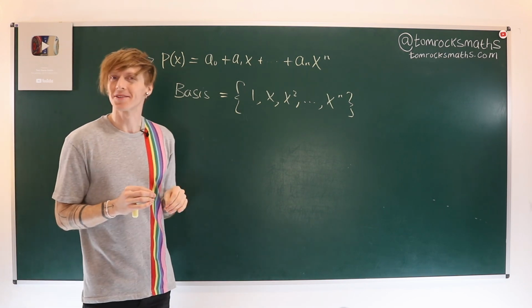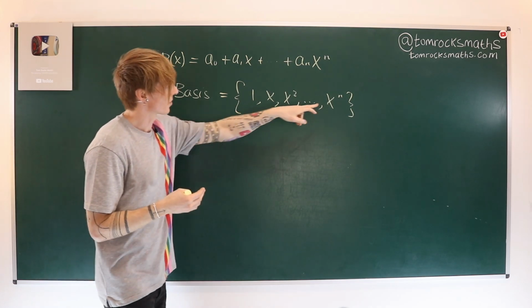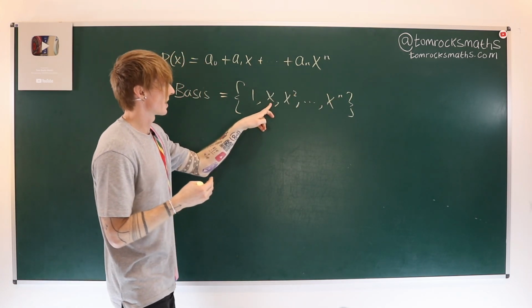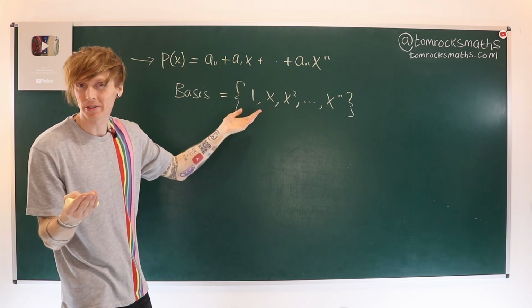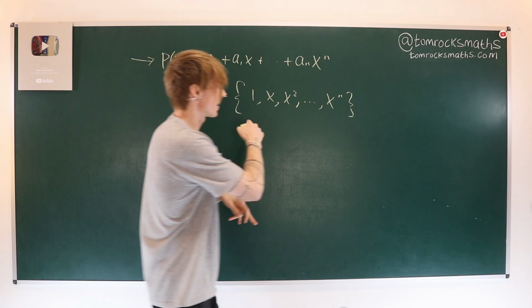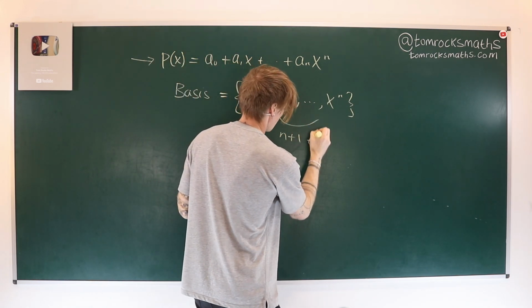If we count the number of basis vectors, from x to the n down to x to the 1, and then x to the 0, which is of course 1, we've actually got n plus 1 elements.